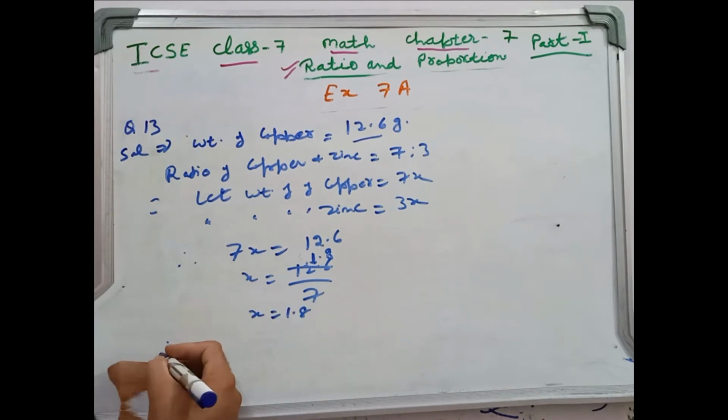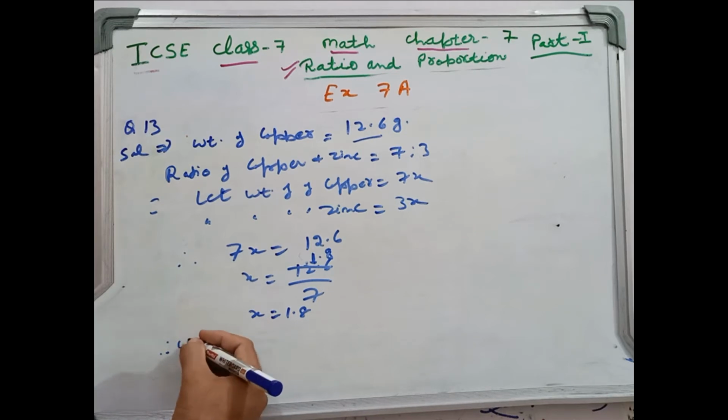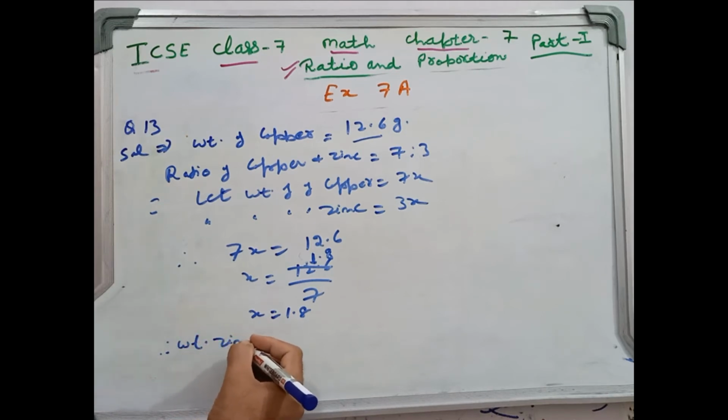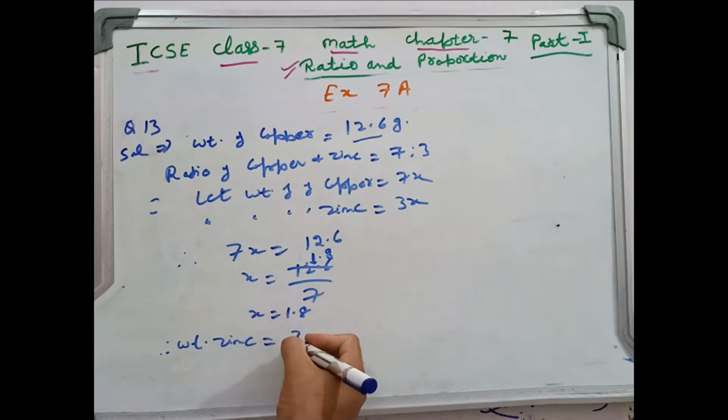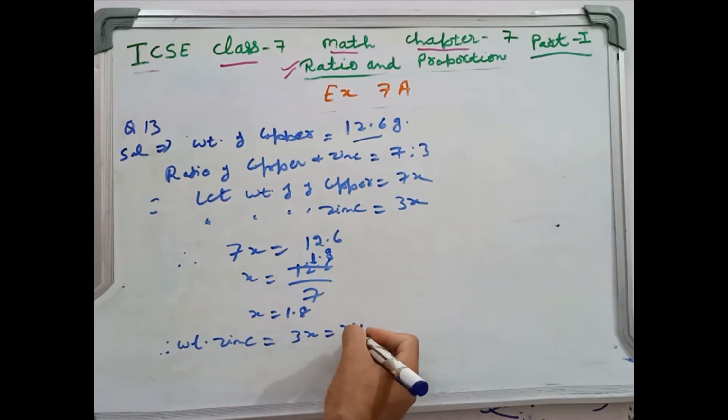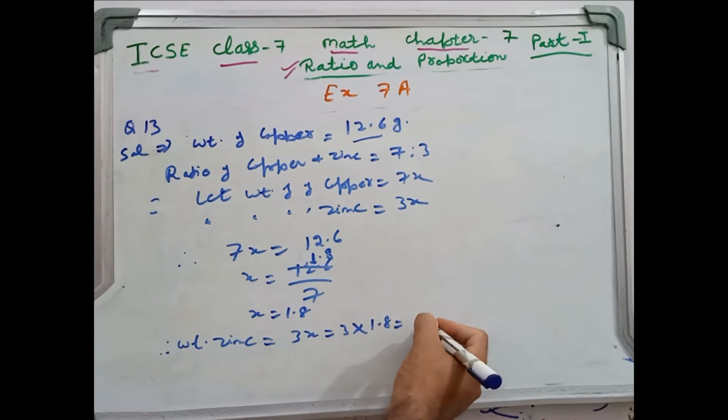Therefore, weight of zinc we have to find out. Weight of zinc is 3x equal to 3 multiplied by 1.8, that is 5.4 gram.